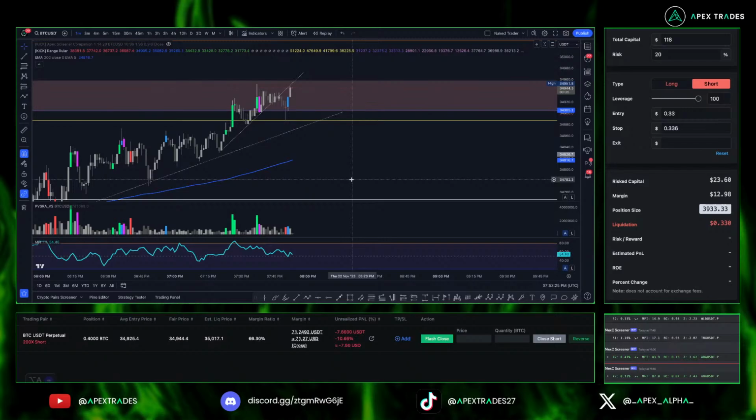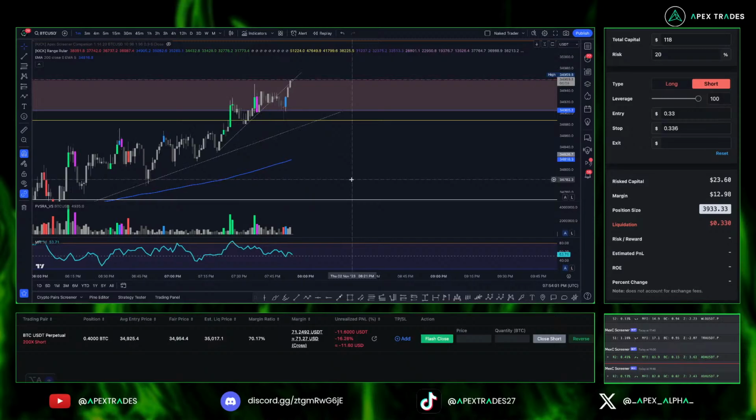Real tug of war going on at the minute. It's a big area to defend. Have to get out of this one again.